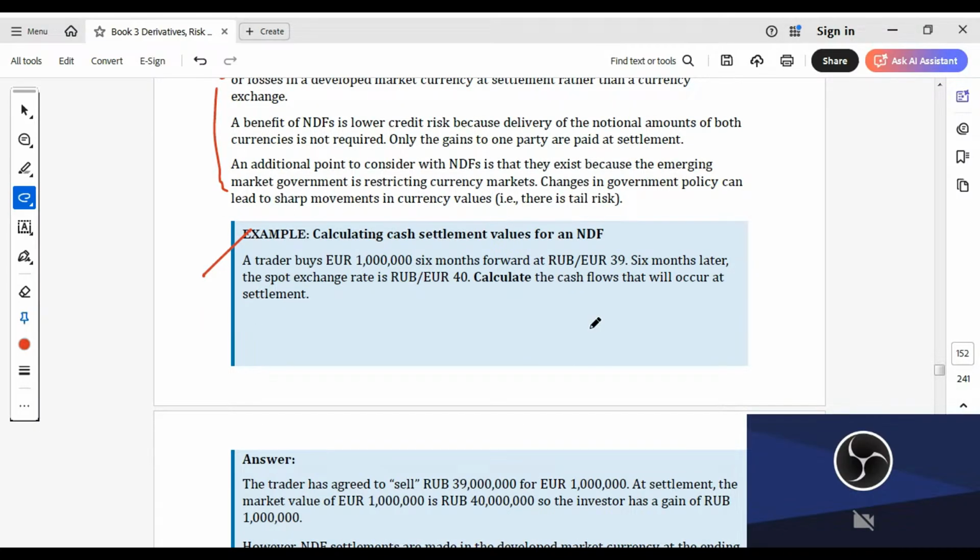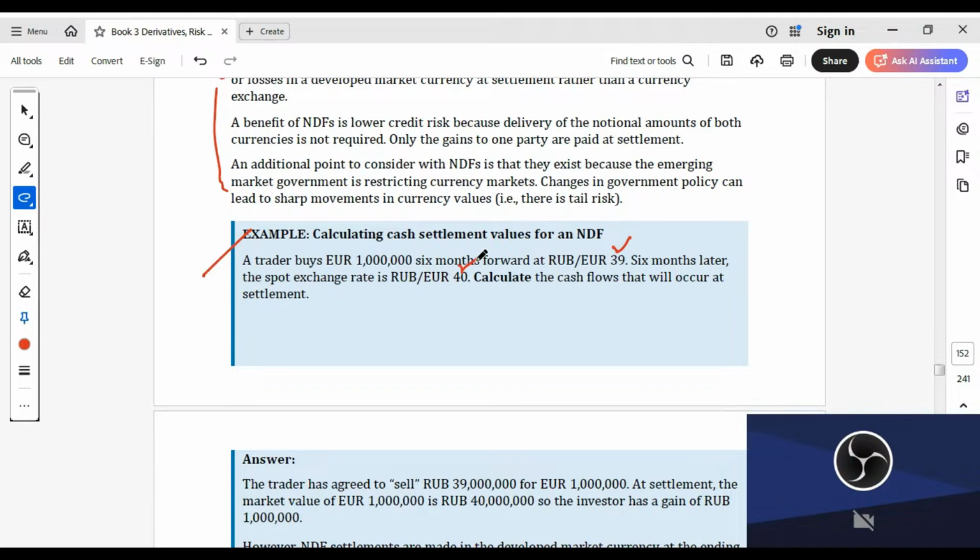So trader buys 1 million euros 6 months forward at rate of 39 rubles per euro, and after 6 months at settlement the spot exchange rate is 40 rubles per euro.